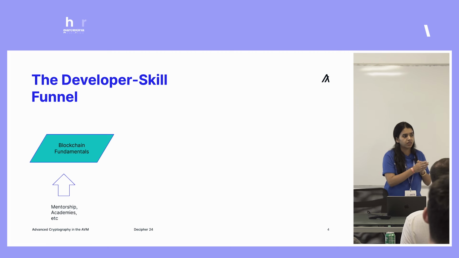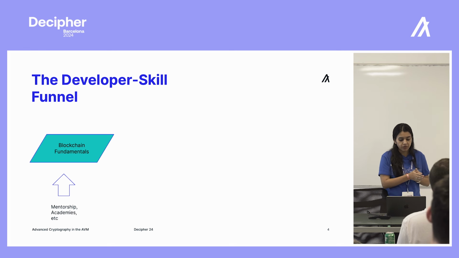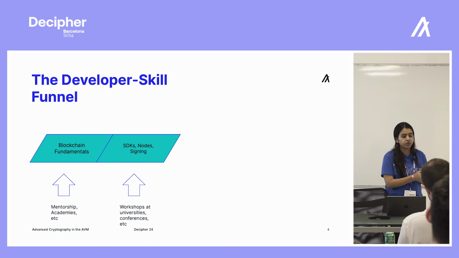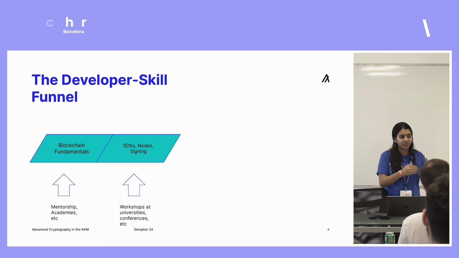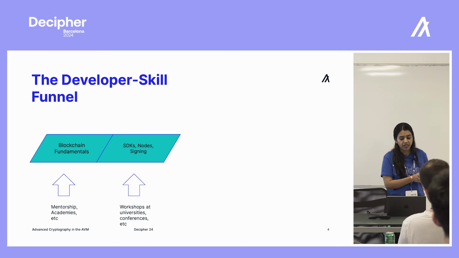In this, how we help is that we have many mentorship programs, we have academies like UNDP, and we help developers in understanding SDKs, nodes, and signing. This is where developers start getting their hands dirty in terms of understanding which tools we have, and we do this by conducting workshops at universities, going to conferences, interacting with different developers.